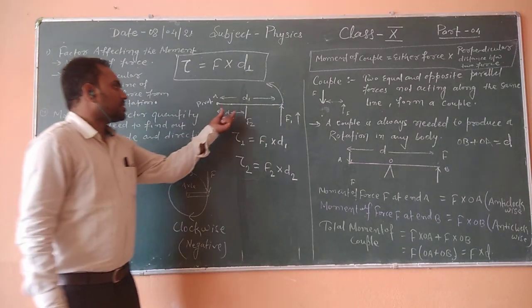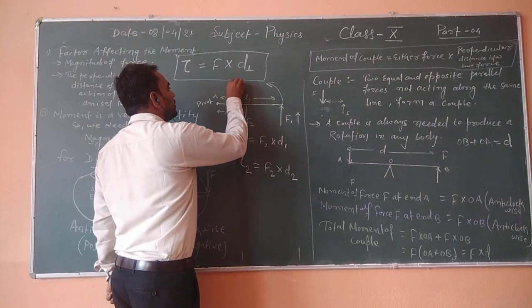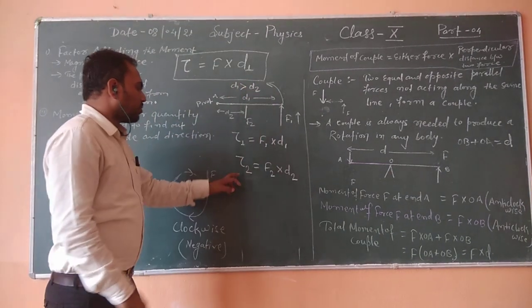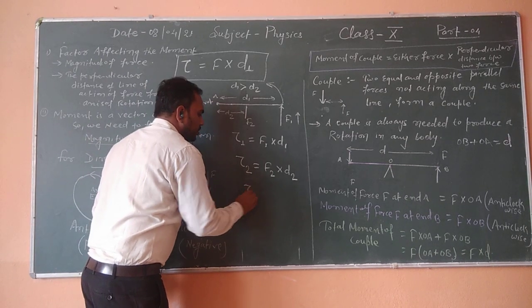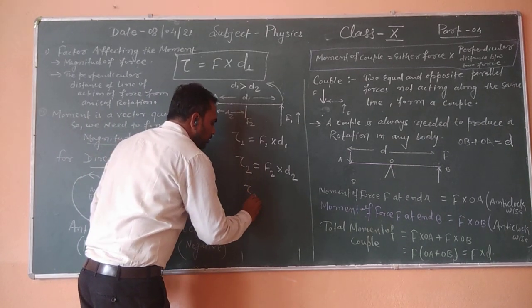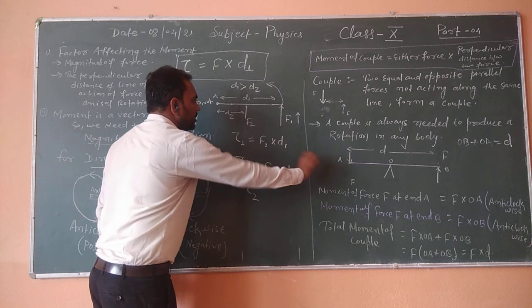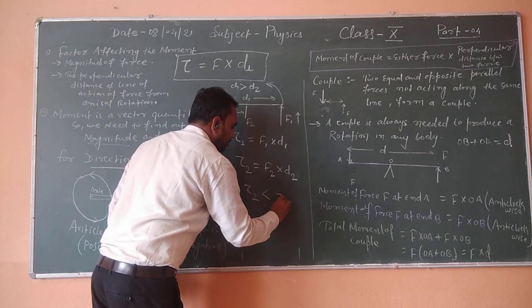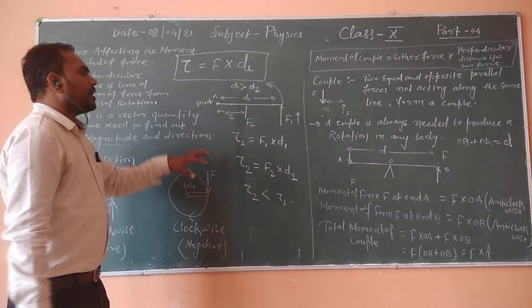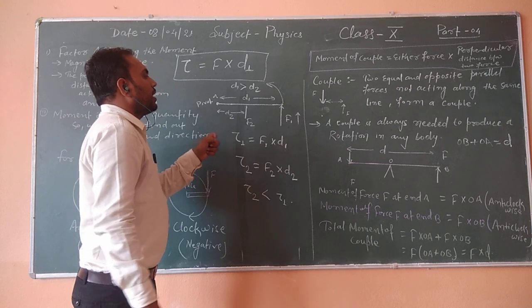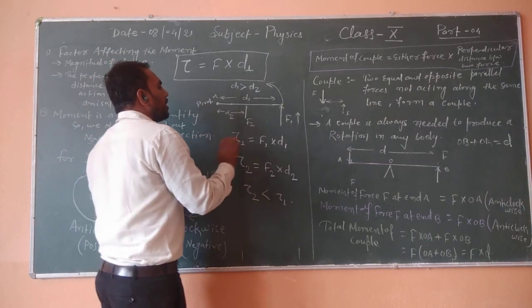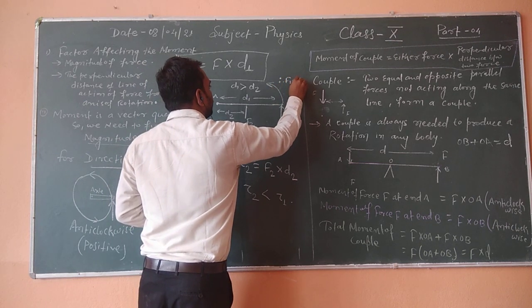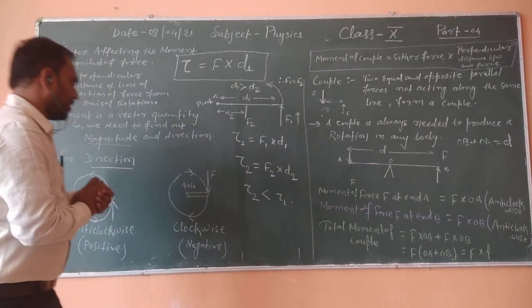Since D1 is greater than D2, torque 2 is less than torque 1. Here F1 and F2 are equal.